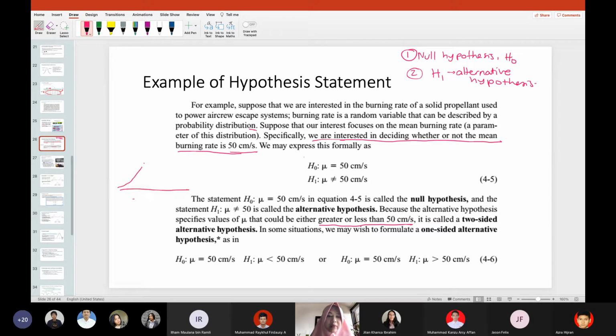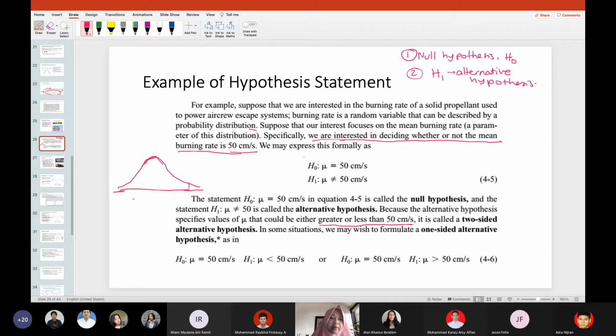If you remember about the Gaussian curve, we want to know whether it lies inside the curve, in the middle of the bell, or outside. So it can be greater or less than 50 centimeters, which is called a two-sided hypothesis.